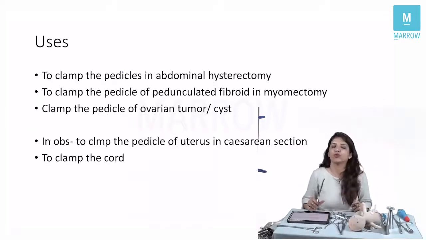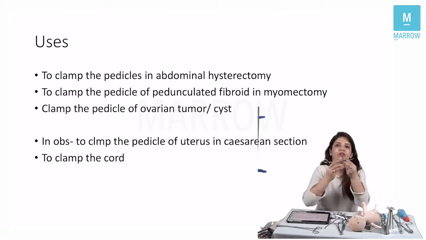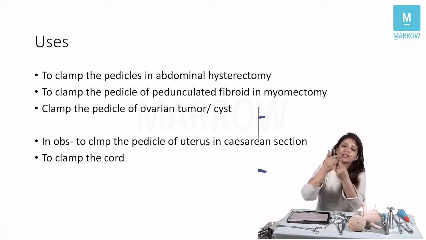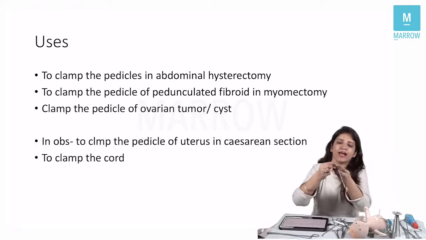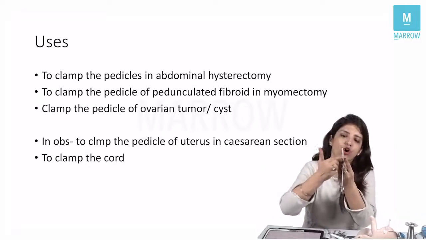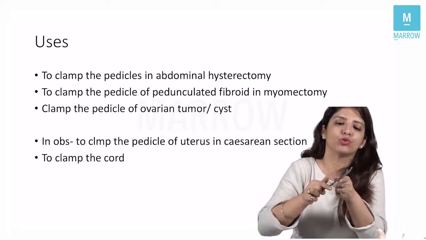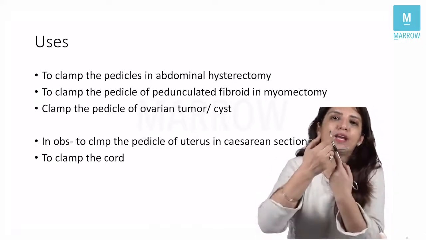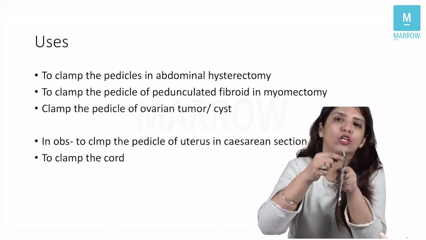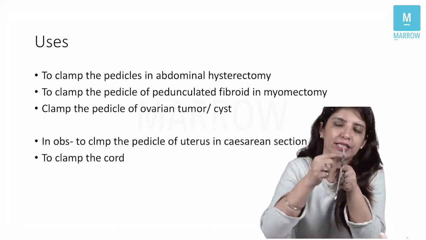So if you want to hold pedicles during abdominal hysterectomy, or the pedicle of an ovarian cyst or an ovarian tumor, or the pedicle of a pedunculated fibroid, then instead of using Cocker's forceps, you can also use a Maingot's forceps. In Maingot's forceps, one side has a longitudinal groove, the other side has a longitudinal bar, right? This longitudinal bar will fit into the longitudinal groove on the other side. So one blade will have a longitudinal groove, the other blade will have a longitudinal bar, right?